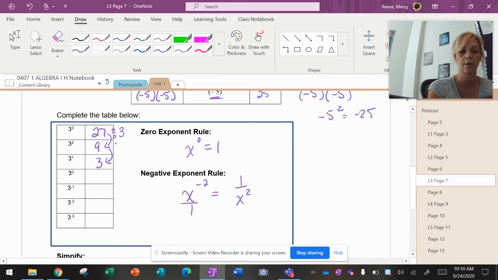And then you're going to do it again. 9 divided by 3 gives me 3, right? Because again, I'm going to drop a 3 every time. 3 divided by 3 gives me 1. 1 divided by 3 is 1/3.